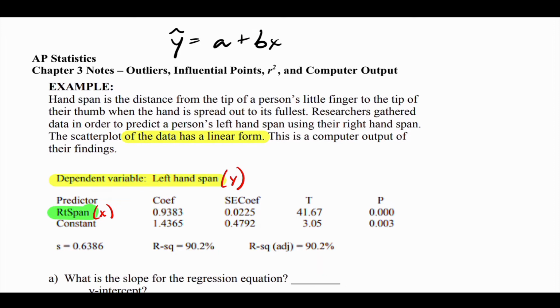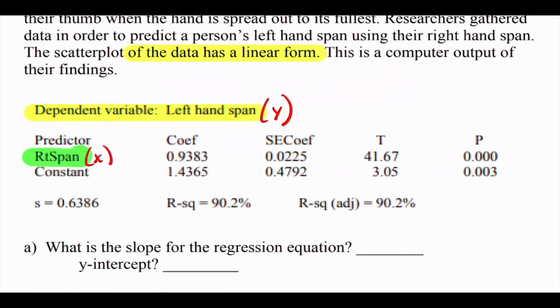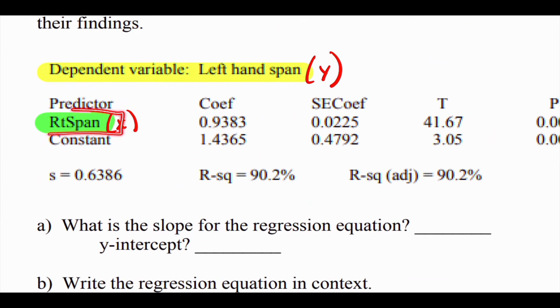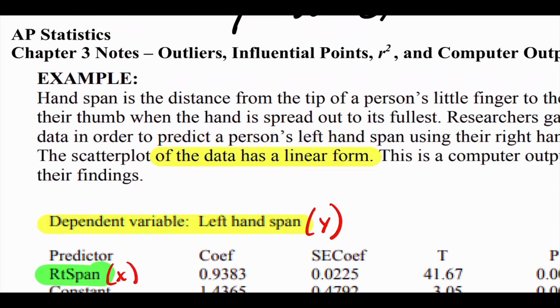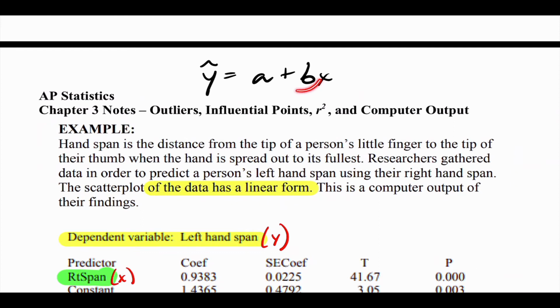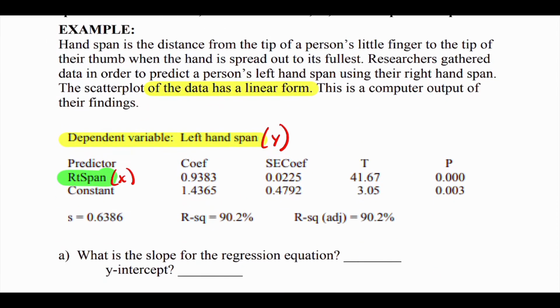So let's go down to the table. We know the X is here, right? So really, slope is a coefficient of X. Coefficient means the number in front of a letter. So we're going to go down here: here's the X, here's the coefficient.